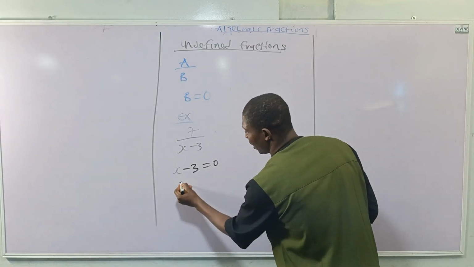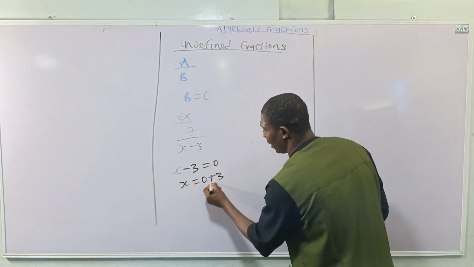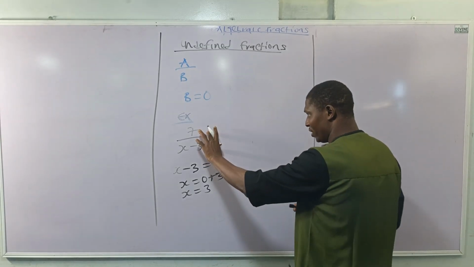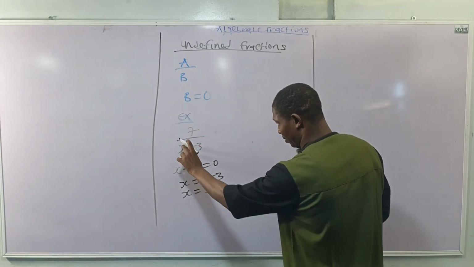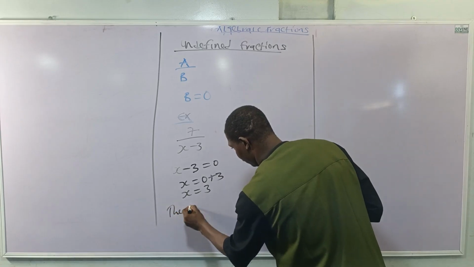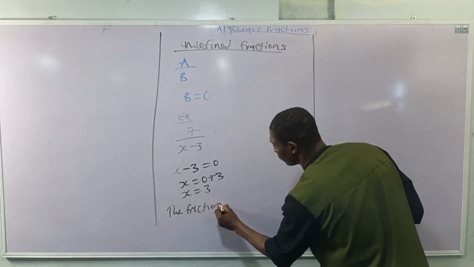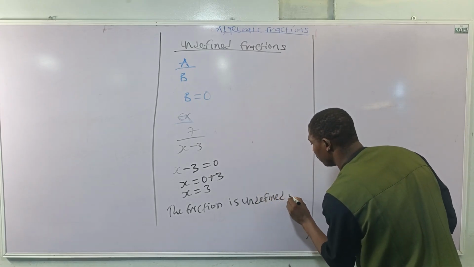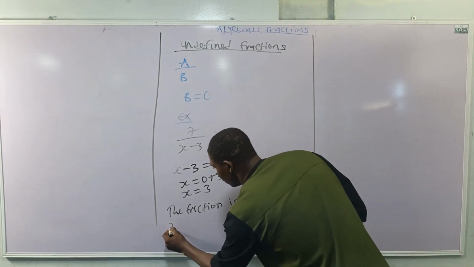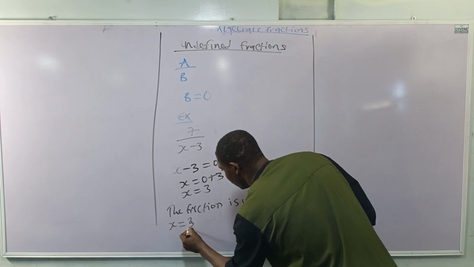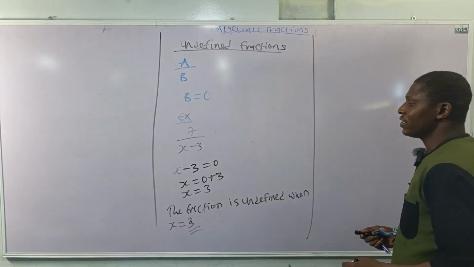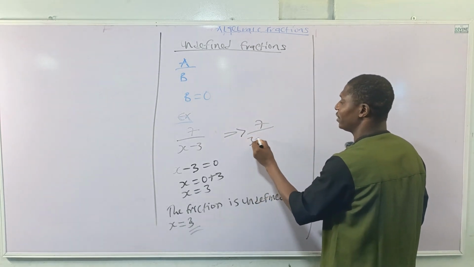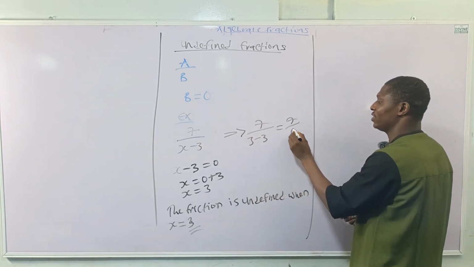And solving this, I'll have x equal to 0 plus 3, and x will be equal to 3. So this fraction is undefined when x is equal to 3. Check: if x equals 3, I'll simply have 7 all over 3 minus 3, giving me 7 over 0.